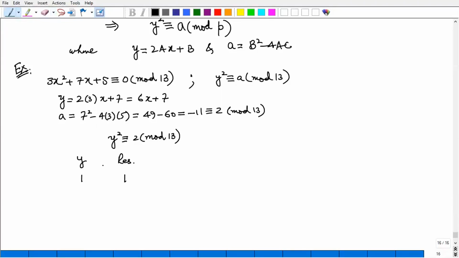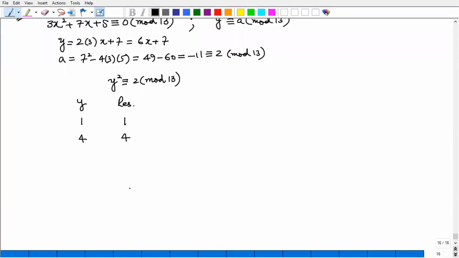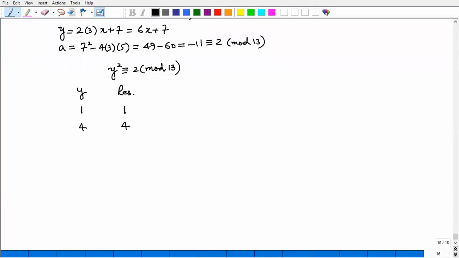When y is 2, 2 square is 4. 0 is not a solution of the quadratic congruence. For y equals 3, 3 square is 9, so the residue is 9 here.